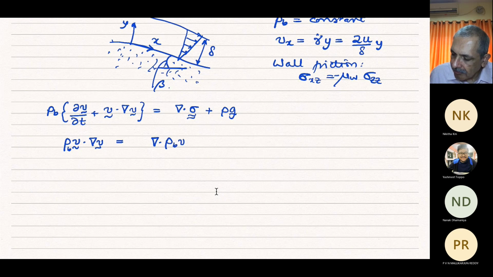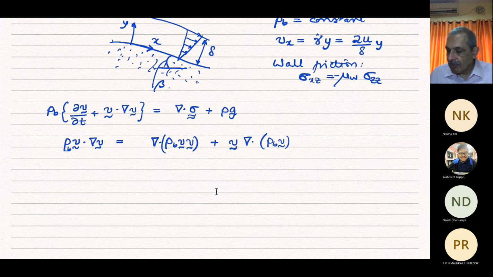divergence of rho B into V, plus V into divergence of, so this is what you would get. Okay.